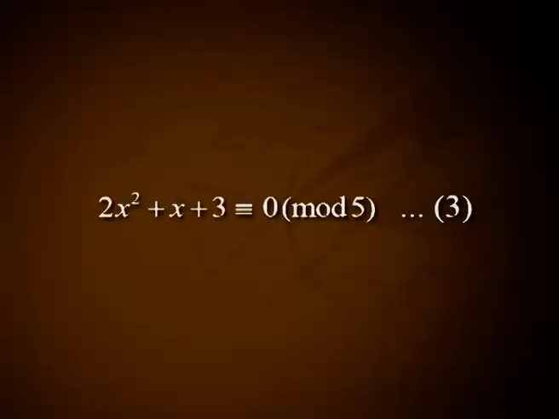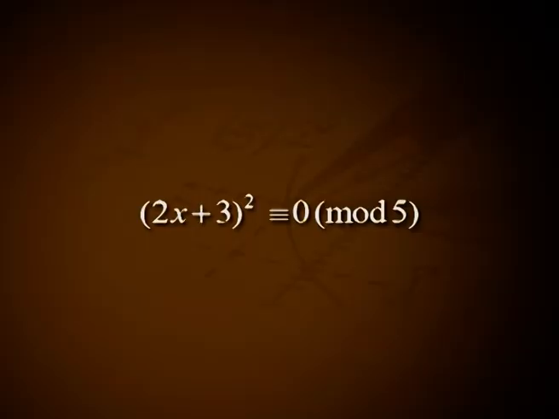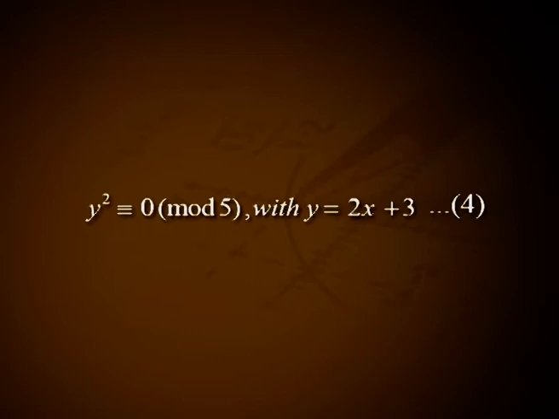Example 1. Let us solve 2x² + x + 3 ≡ 0 mod 5, equation 3. Since GCD(2, 5) = 1, equation 3 is equivalent to (2x + 3)² ≡ 0 mod 5. Solving 3 reduces to solving y² ≡ 0 mod 5 with y = 2x + 3, equation 4.